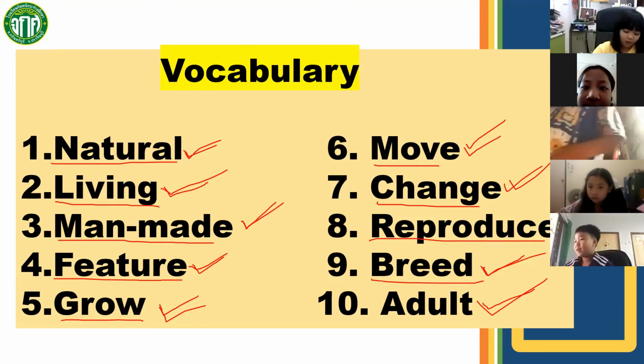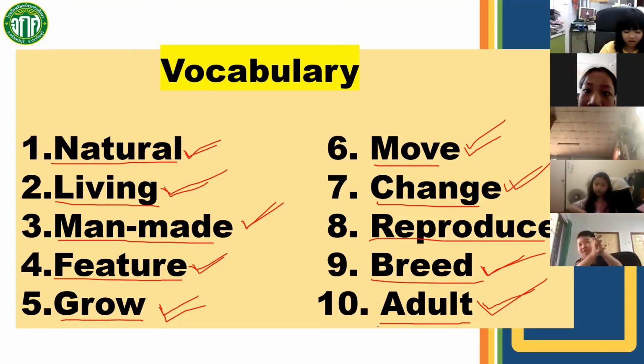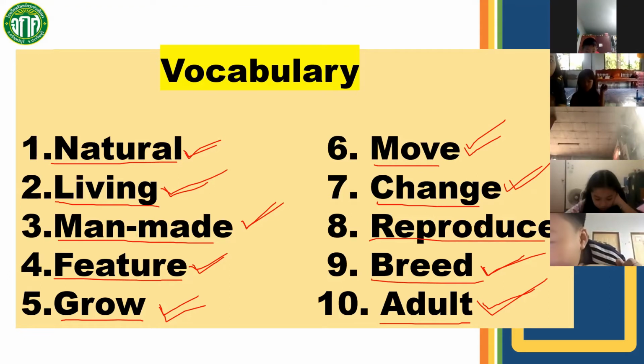B-R-E-E-D. Very good. Breed. Number 10, adult. A-D-U-L-T. Very good. Adult. So those are the vocabulary words of our topic for this week.